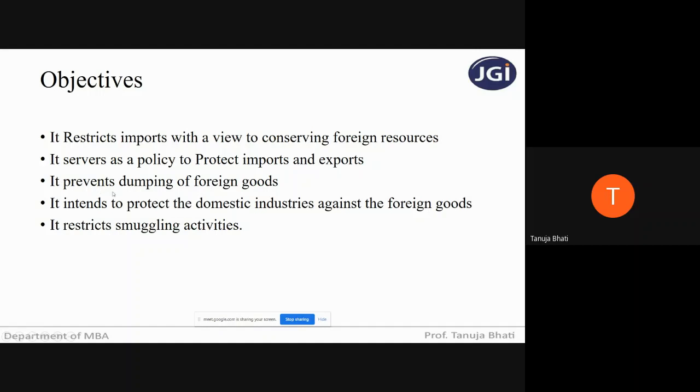Next, it prevents dumping of foreign goods. Suppose a particular good is produced in India, but its cost is very high.